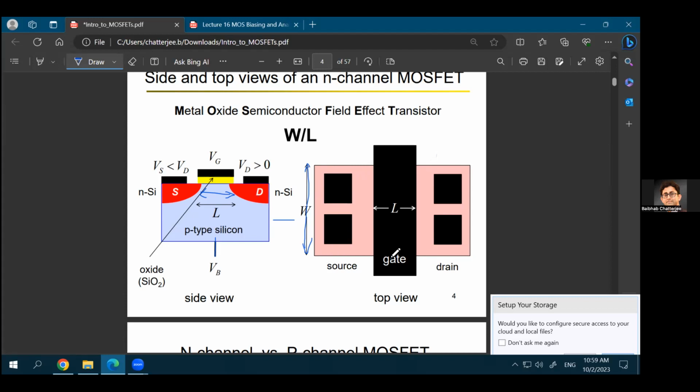So for example, this is P-type silicon, right? The region where you have this P-type doping, that's called your active area. That's where you're going to create your device.